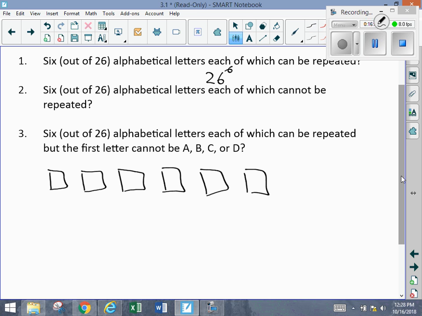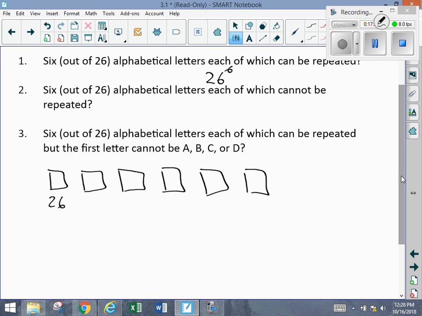Okay, so 6 out of 26 alphabetical letters, each of which cannot be repeated. So this license plate is going to be 6 out of the 26 letters in the alphabet that I can't repeat any, right? So this one, I have 26 options.